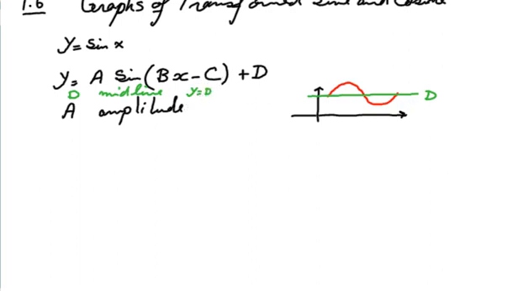The amplitude is how far above or below the midline you go. So this is the amplitude A. Let me change the coloring here so things stand apart. That is our amplitude A, and going down here is also amplitude A.